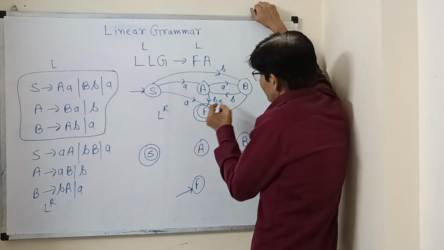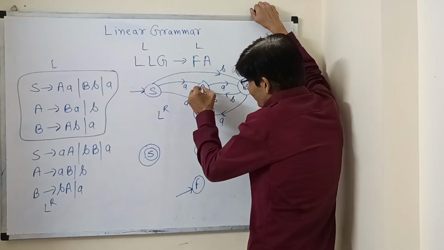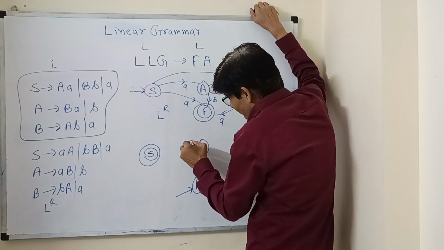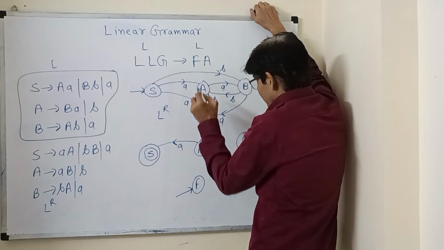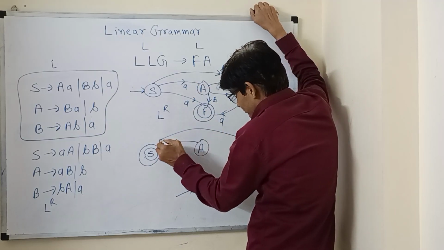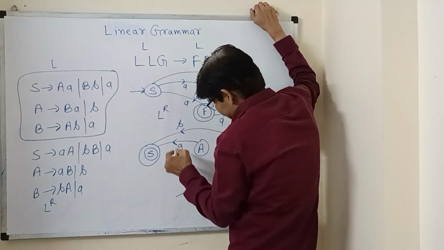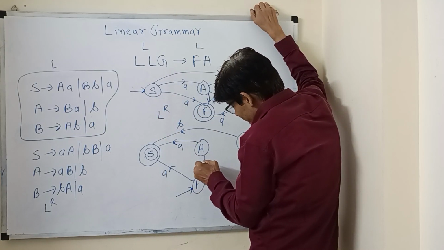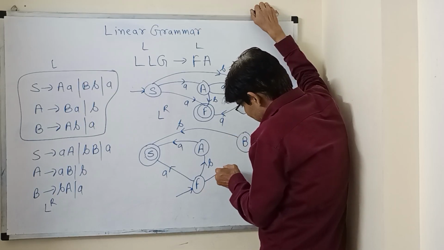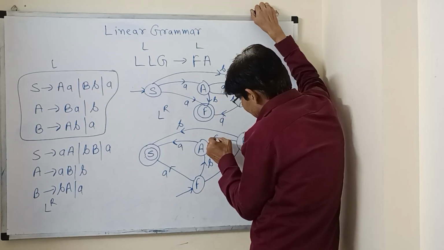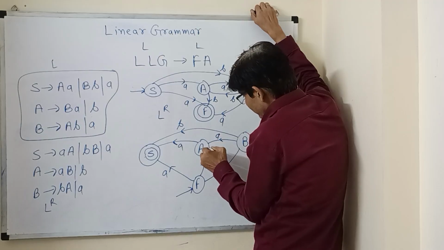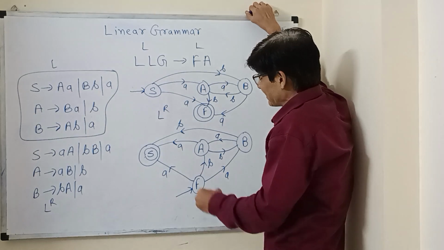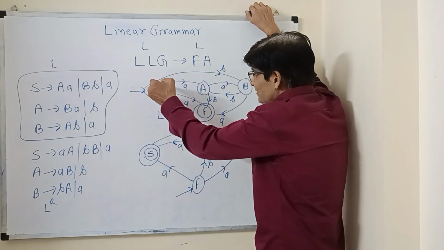Now from S, if we are applying a small a, we are moving to A. So now we can reverse its direction. Then we reverse the direction of each of the remaining transitions also.